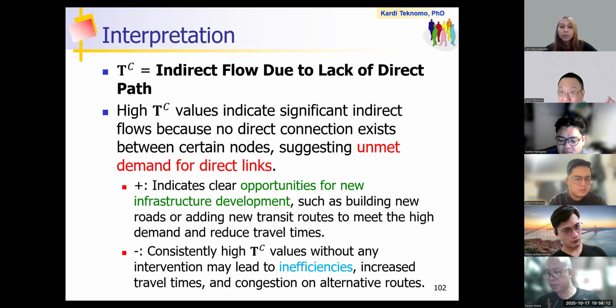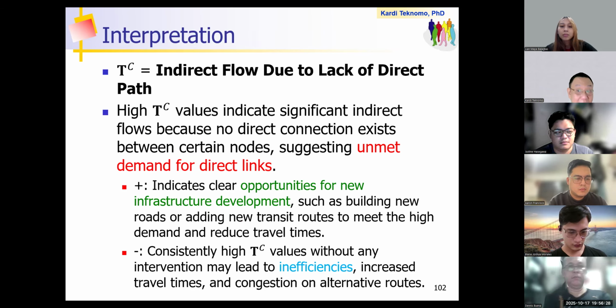If you can get that, then a high value of TC or S indicates significant indirect flow because no direct connection exists. That means there is unmet demand in the direct link itself. So this is an opportunity: this is where I want to build new infrastructure, I need to build a new road and so on.